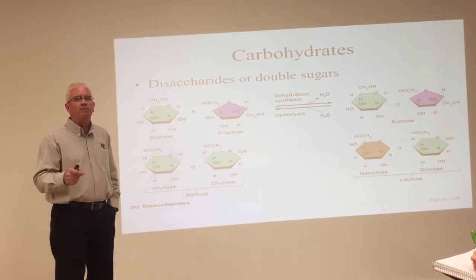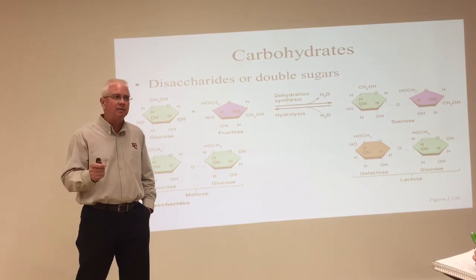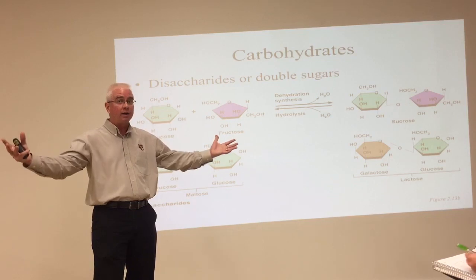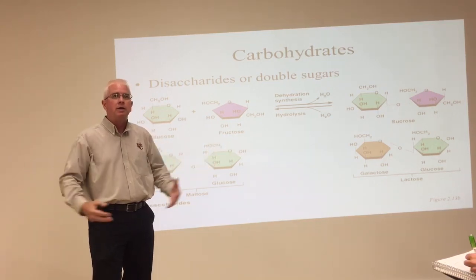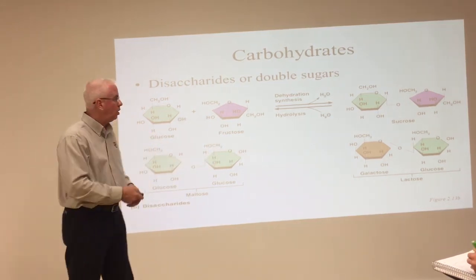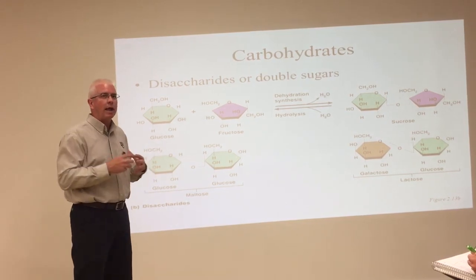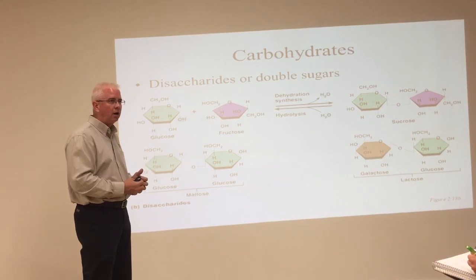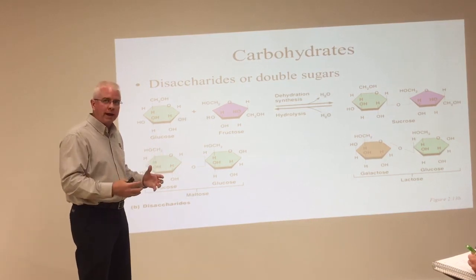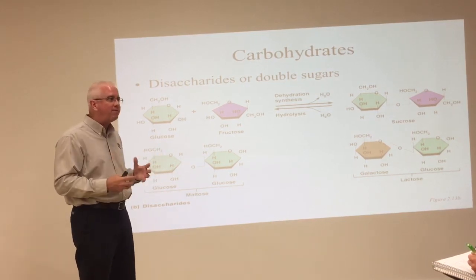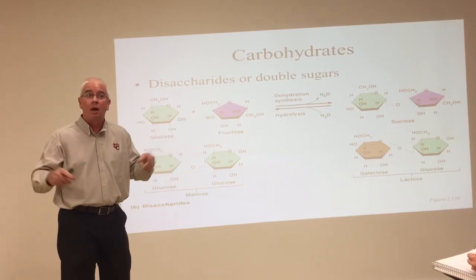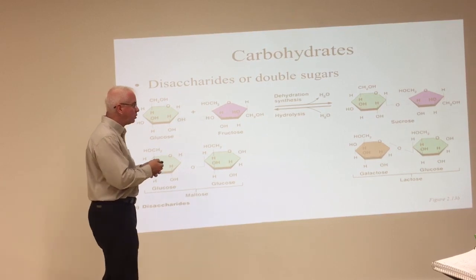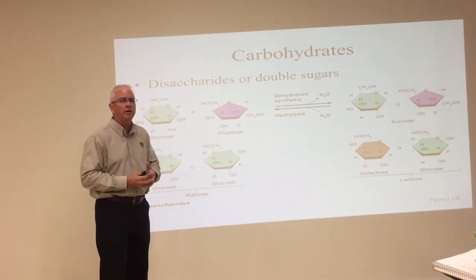The mechanism for making this disaccharide, and for that matter, for making a polysaccharide like glycogen or starch, that process is called dehydration synthesis. A water molecule is removed in the construction of organic macromolecules. This is a common phenomenon. First time I've said it today, but I'm going to say it with all of them. It's going to come up over and over again. If you want to build an organic macromolecule, the process is called dehydration synthesis.